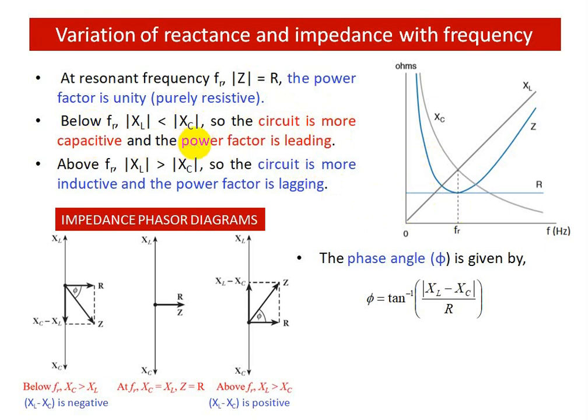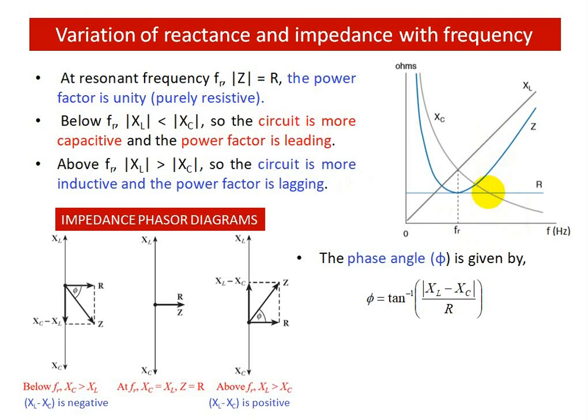So you know that when the power factor is leading, the current will lead the voltage by some angle. Coming to the third case, above fR, that is the resonant frequency, you'll find that XL is greater than XC.